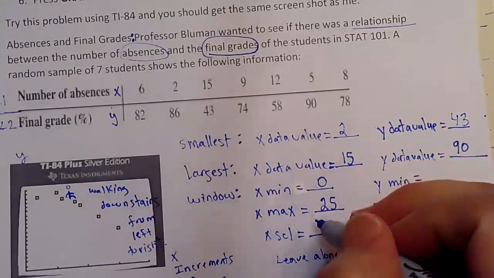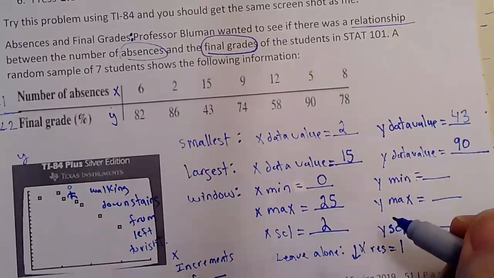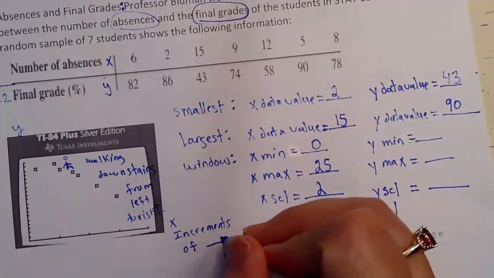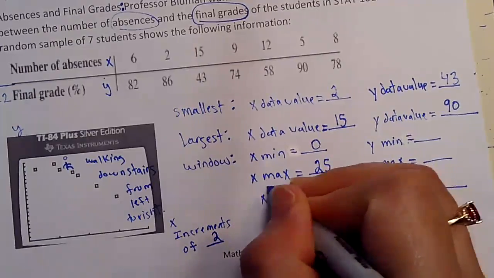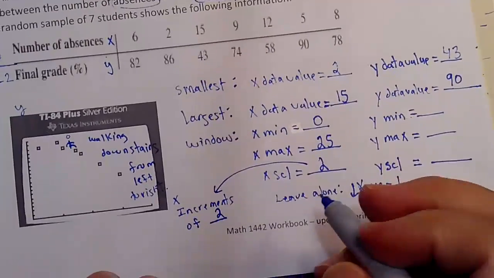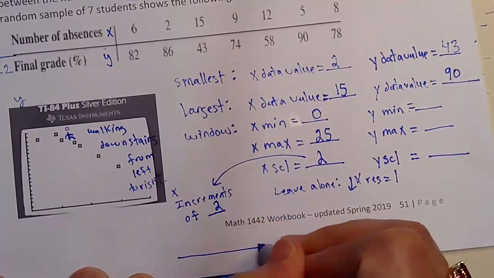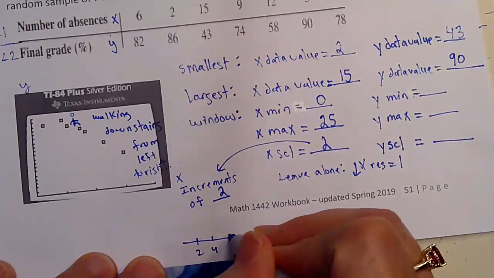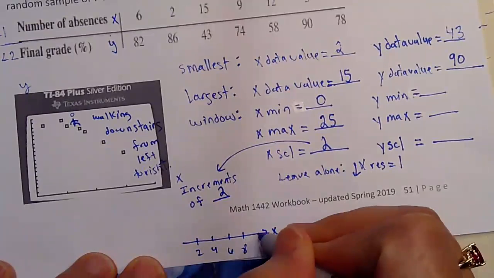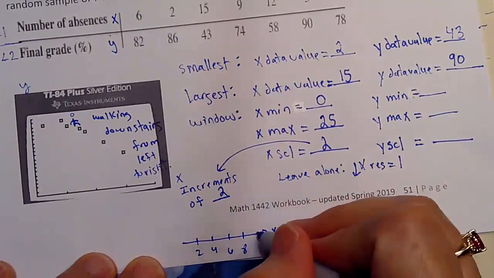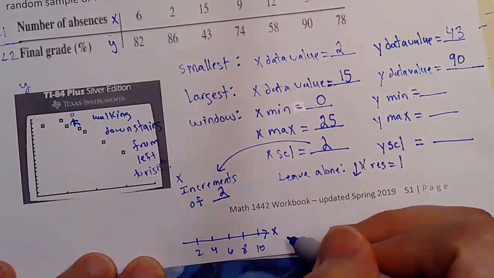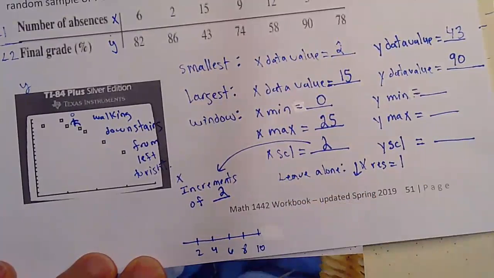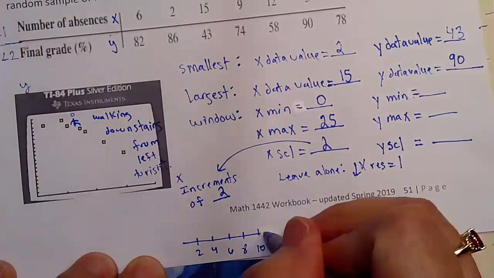I'm going to just use 2. I'm going to use increments of 2. So that means when you have your x-axis, I'm looking at like 2, 4, 6, 8, 10, 12, 14. That's kind of what that's saying.